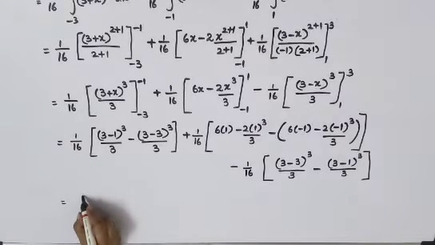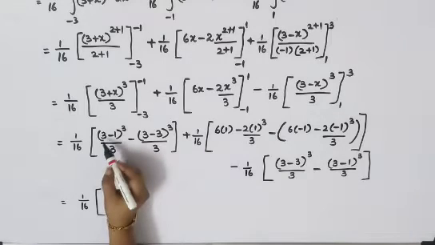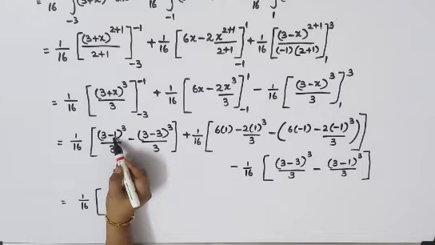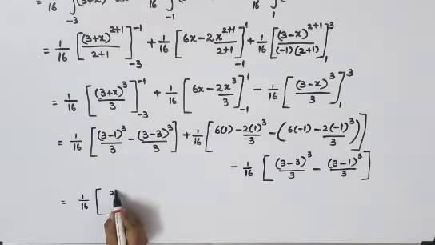So equal to 1 by 16, now just solving, 3 minus 1 is 2, so 2 cube divided by 3.